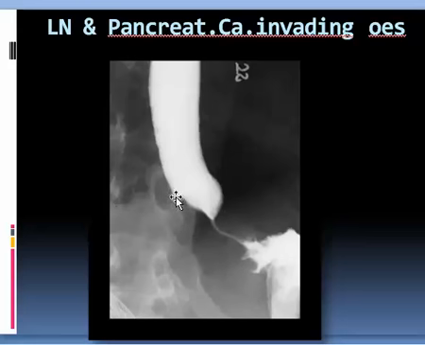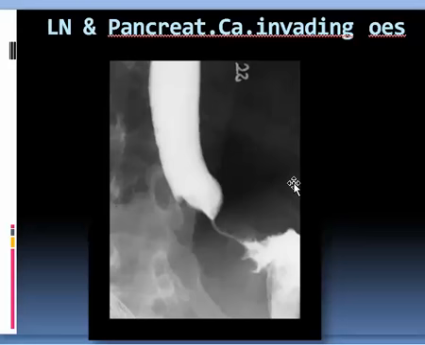So here we have large mass invading the distal esophagus and upper part of the adjoining part of the fundus of the stomach, but definitely you find the malignant characters as shouldering, narrowing, and rat tail, and here is another irregular outline of the mucosa of the fundus, and very wide space between the diaphragm and the esophagus and the gastric fundus, denoting that there is a mass filling this area.